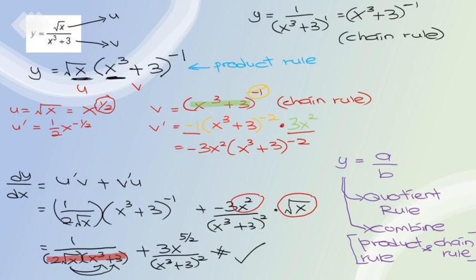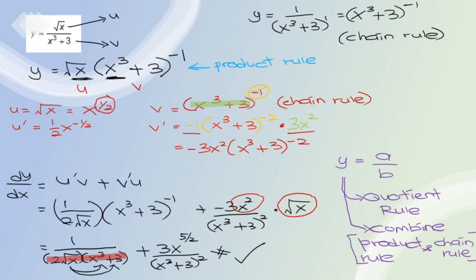Okay, and last one, as I said before, this one you can use u, v, tapi boleh juga dinaikkan ke atas. So akan jadi y equals to square root x times x cube plus 3 power negative 1.